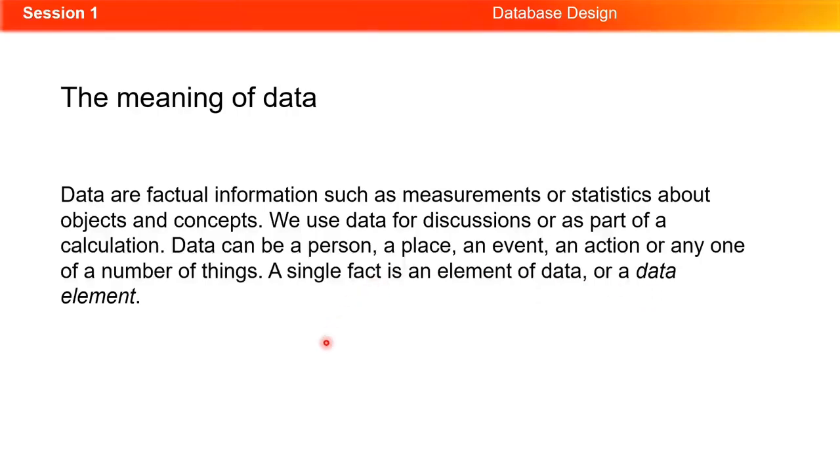Usually when we set up a database, we model some kind of object that we want to track. So a person, a student, a customer, we model the data attributes that we need to track or calculate or operate on for that entity. A single fact is an element of data, or a data element.